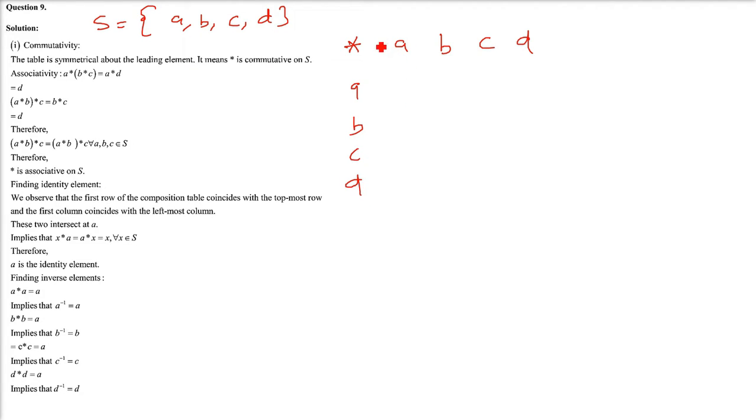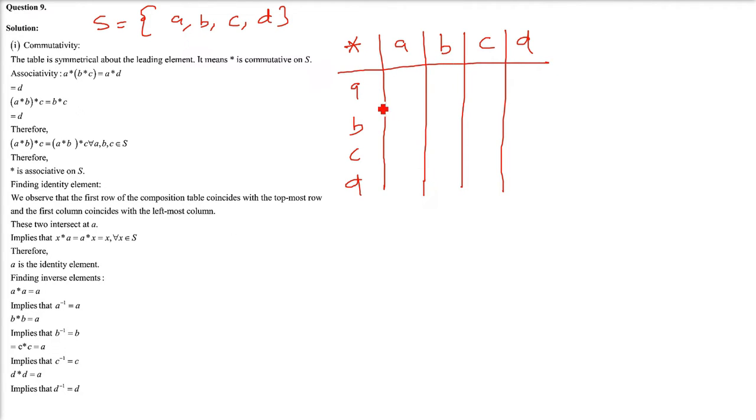Let me try to draw the table. You know how I draw, because the lines I cannot draw that much parallel, nor is my handwriting so good. I'm still trying. And what are the values here?